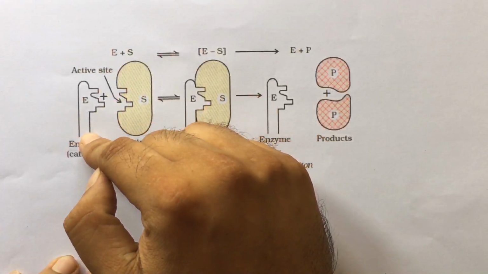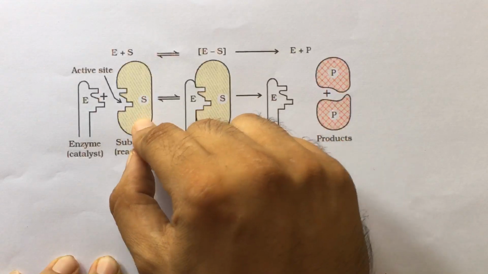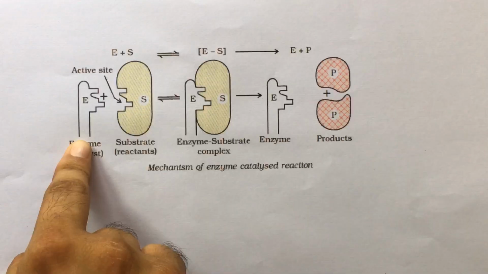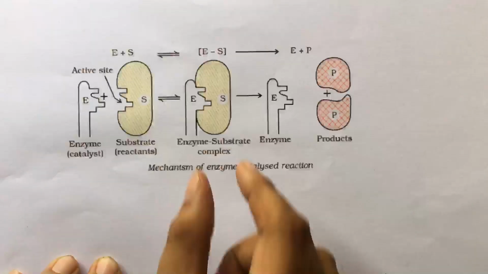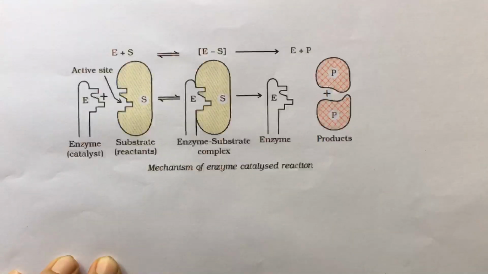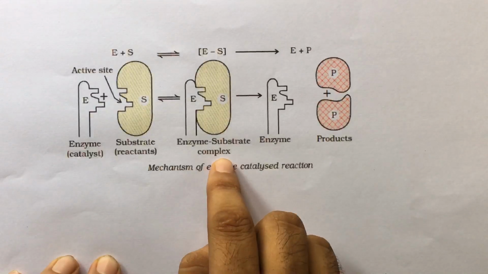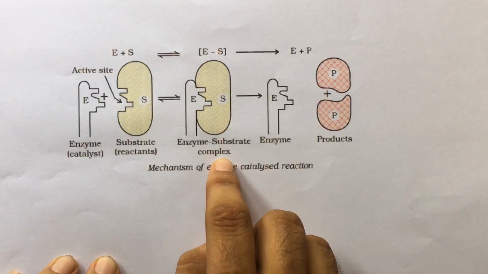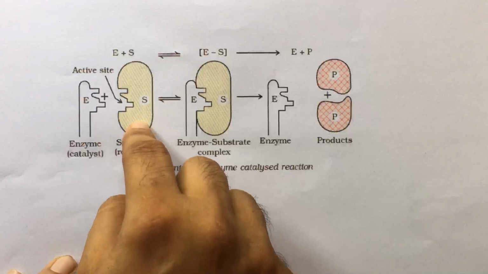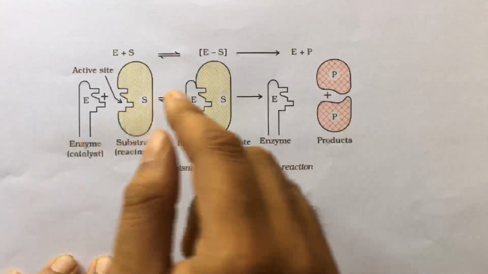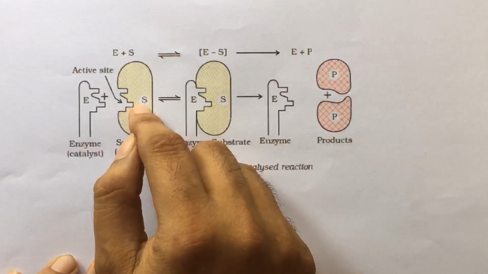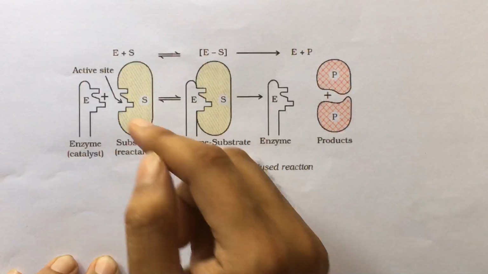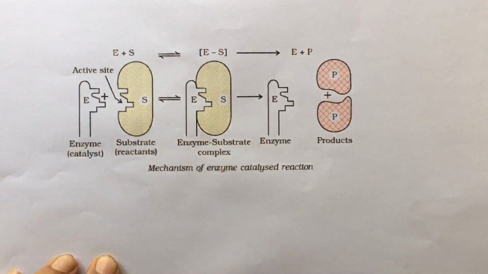Once the enzyme binds to the substrate, it forms an intermediate. We call it the enzyme substrate complex. So any reactant cannot go and combine with this enzyme. If the shape, we call it an active site, matches with that of the enzyme, then only it can form an enzyme substrate complex.